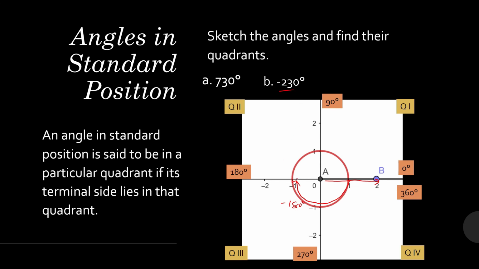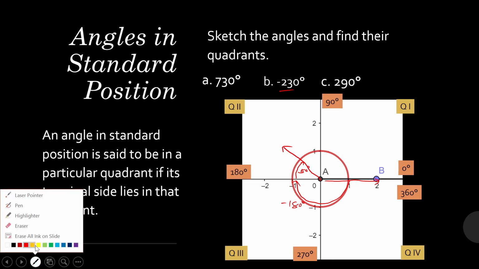So negative 50 plus negative 180 is negative 230 degrees. And then, of course, we must draw our terminal side. So a negative 230 degree angle is a quadrant 2 angle.